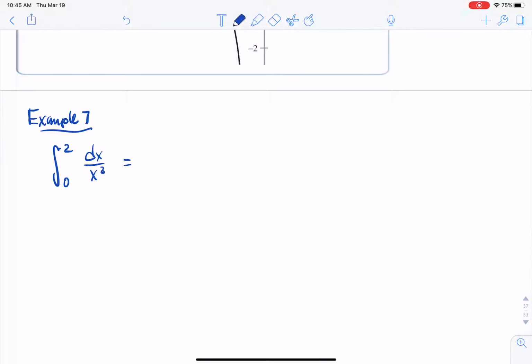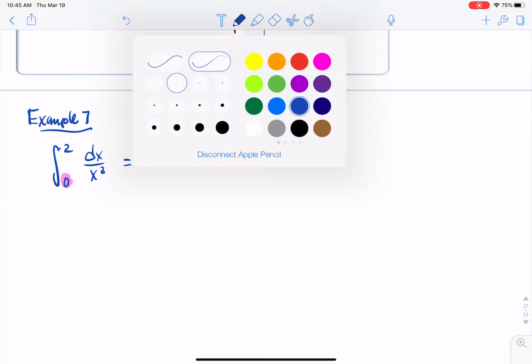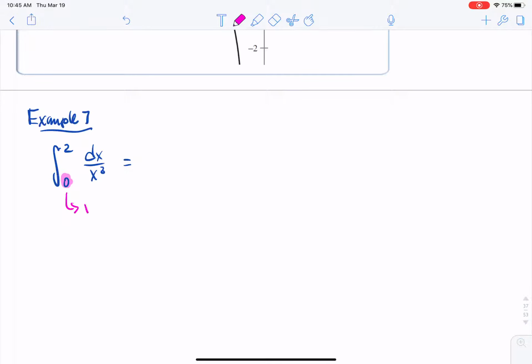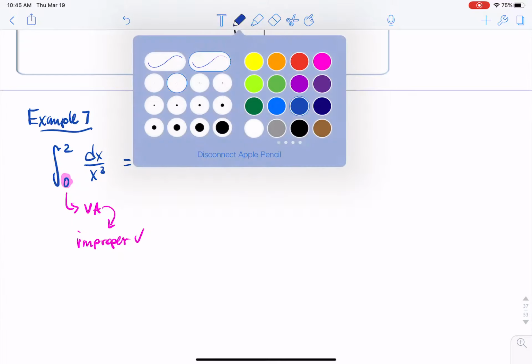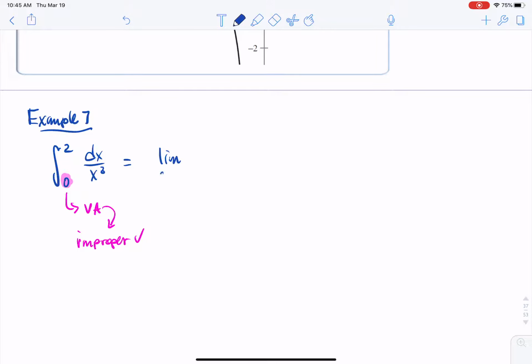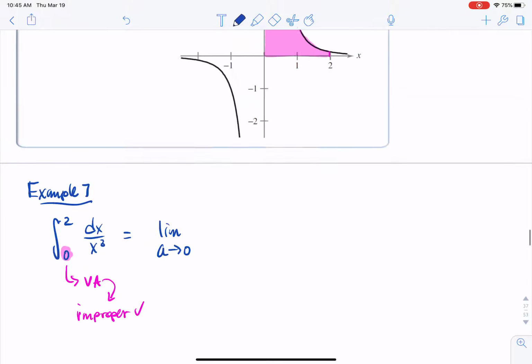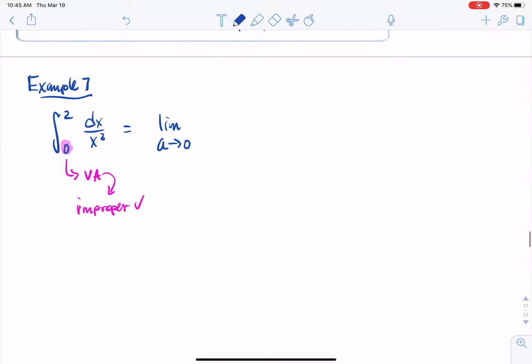Notice, of course, that we've got an improper integral because we've got a vertical asymptote. Make it a limit: the limit as a approaches 0 from the right-hand side of the definite integral from a to 2, and I'll rewrite this as x to the negative third power.